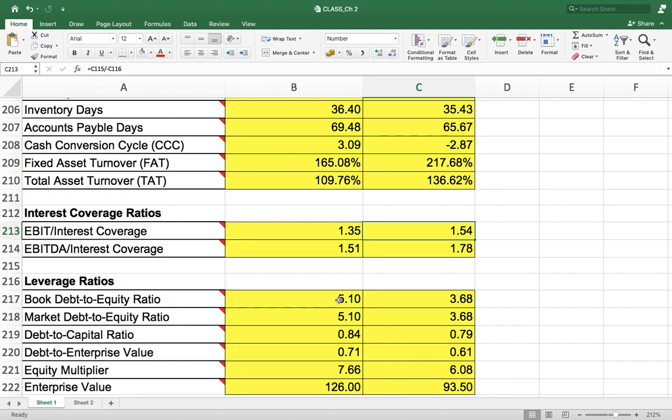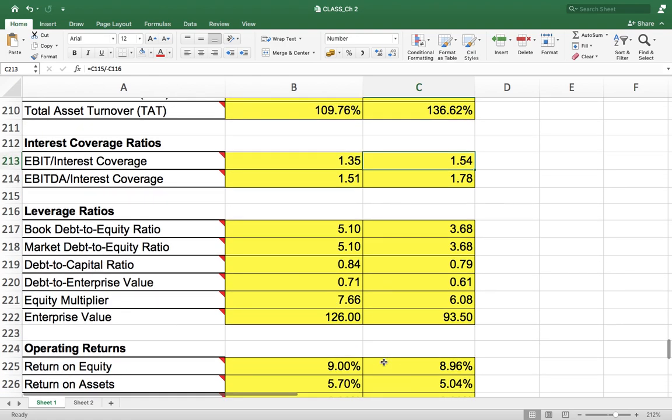Then EBIT plus depreciation and amortization divided by interest will be the EBITDA interest coverage, and it is 1.51 in 2016, 1.78 in 2015. This is also going down, not a good trend. So you have to alert your top management. They have to be serious in this regard.